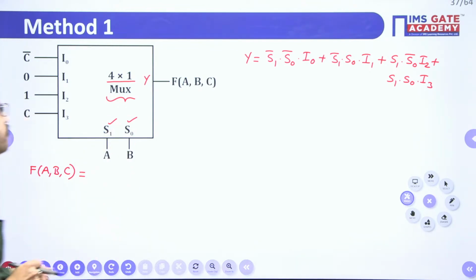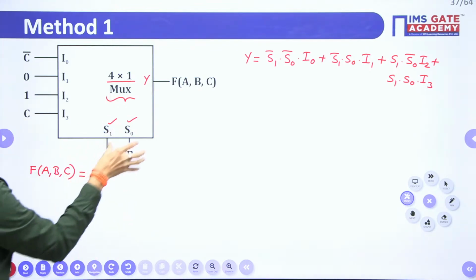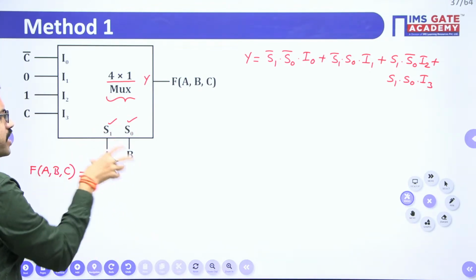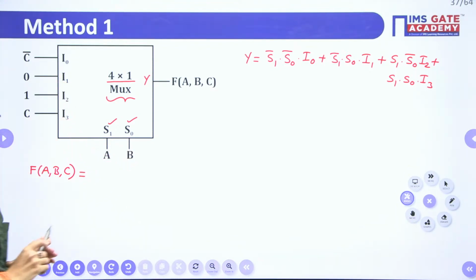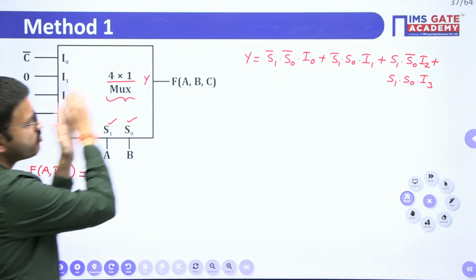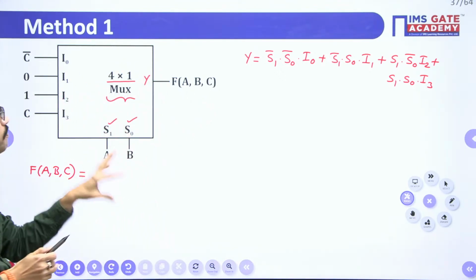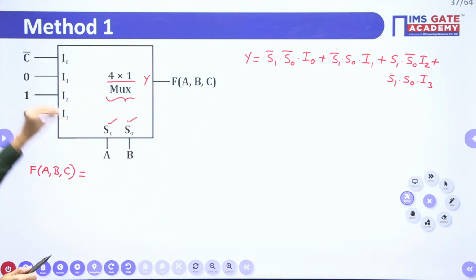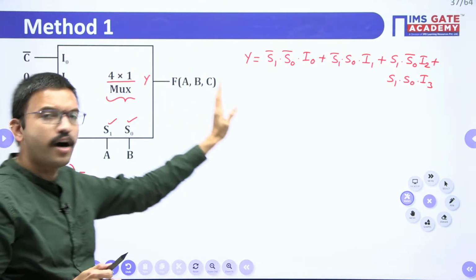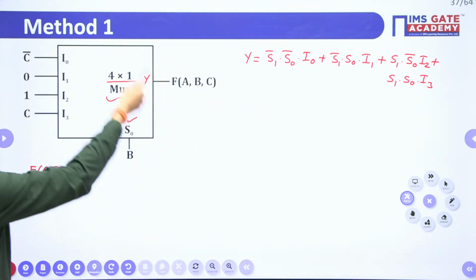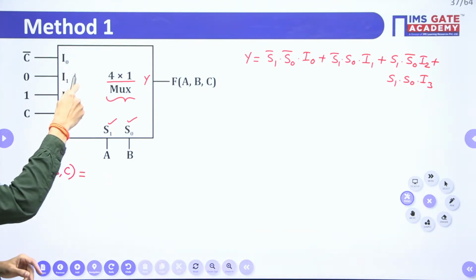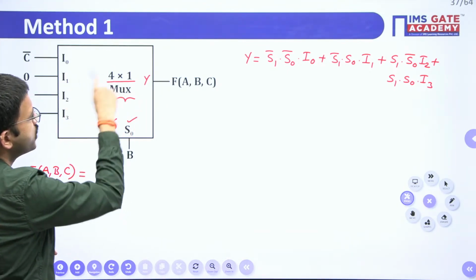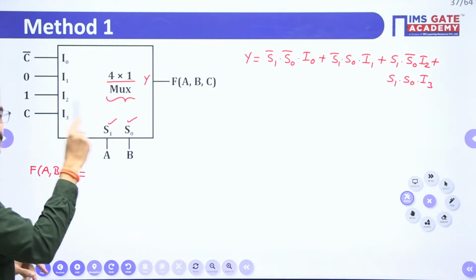The respective input will be connected to the output. That means at any time, based on the selection values, a particular input will be connected to the output. That's why we call a mux a switch. Here the inputs are in digital form, so you can call this mux a digital switch.